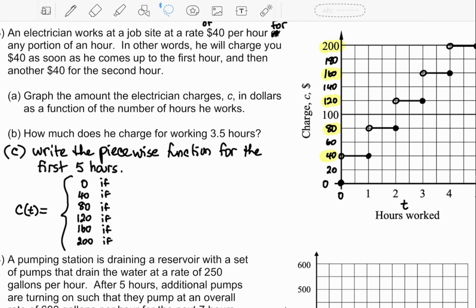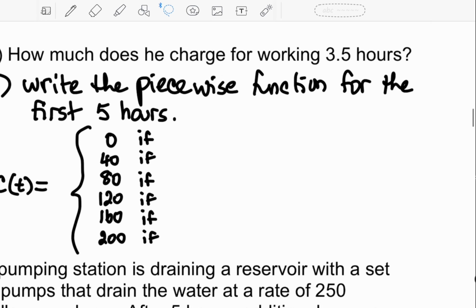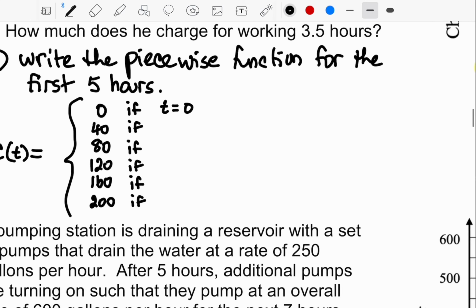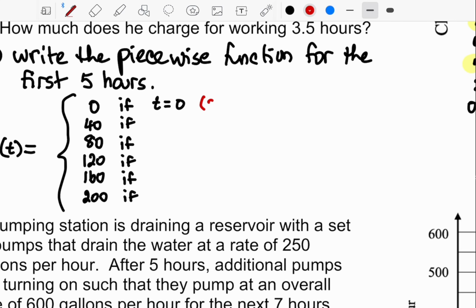C of t is 0, so the y value is 0 only if the x value is 0, so t is equal to 0. That's the only circumstance in which it's equal to 0. That's how we represent a point in a piecewise function. This is the same as saying C of 0 is equal to 0, or just writing the ordered pair 0, 0.